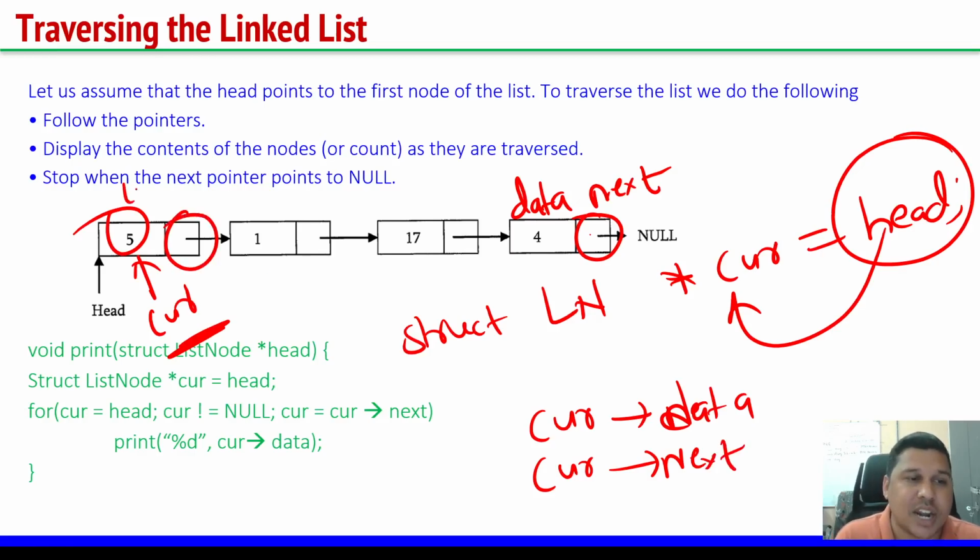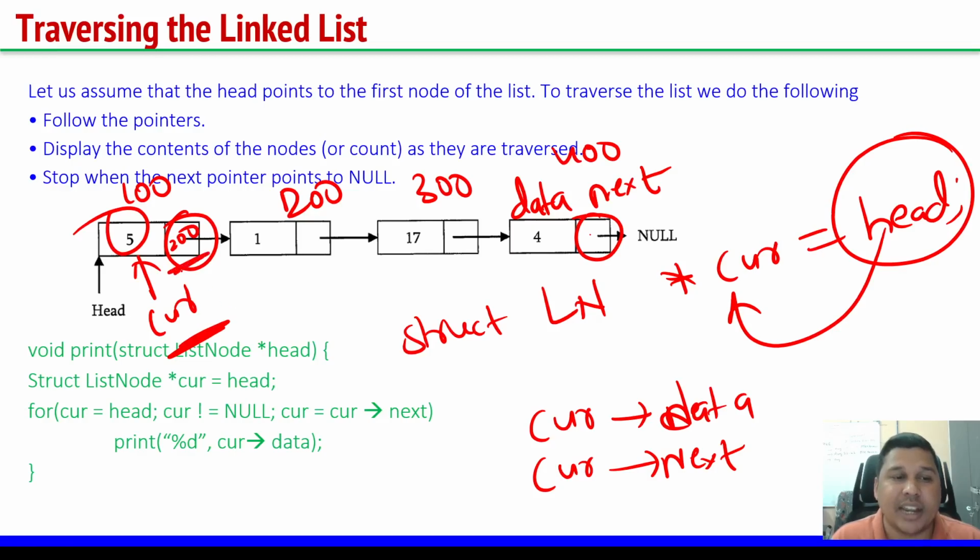Suppose these addresses are 100, 200, 300 and 400, some random addresses. So 200 will be written here, because it has to store the address of the next block. When someone prints current of next, it will give you 200.